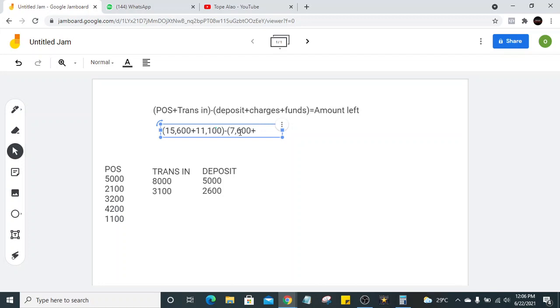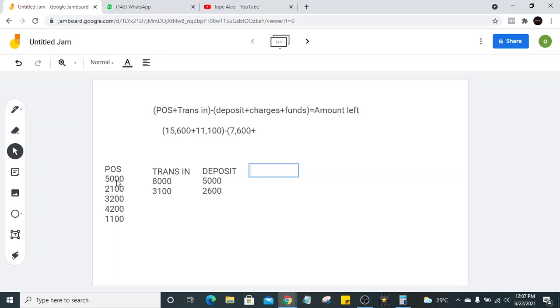Charges is your commission, the one you collect from the customer each day. So that's the charges. Let's say the first customer that came pays you 100 naira, this person pays you 100 naira.